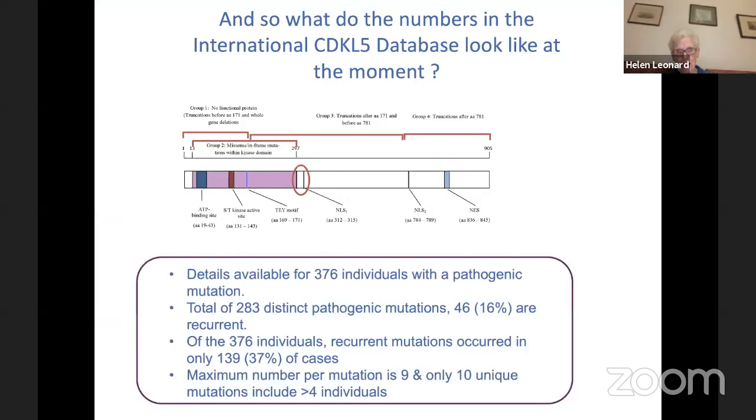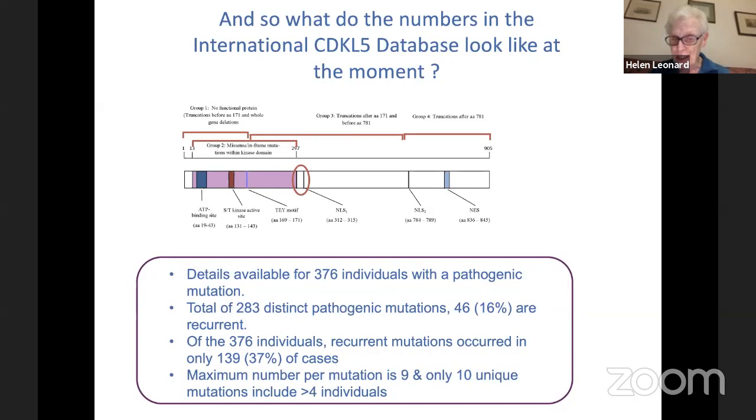So just to remind you here, we have details available for 376 individuals with a pathogenic mutation. And for these 376 individuals, there are 283 distinct, unique pathogenic mutations.